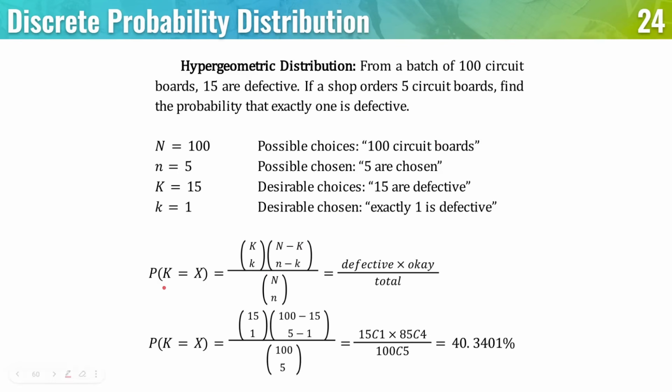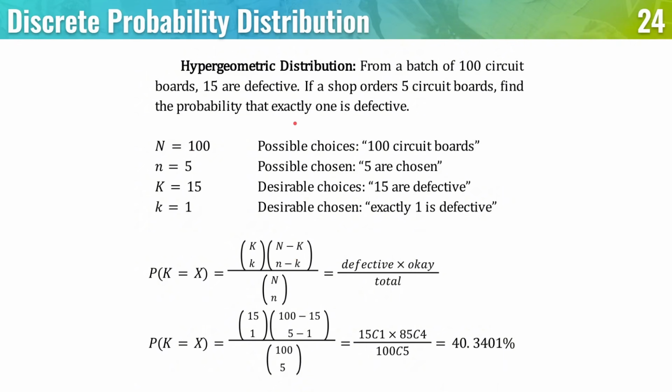So this is the formula for hypergeometric distribution. The probability of k equals x is equal to the combination of uppercase K and k, times the combination of capital N minus capital K and lowercase n minus k, over the combination of N and lowercase n.